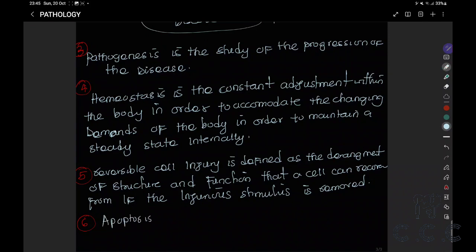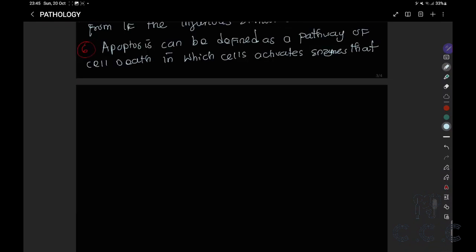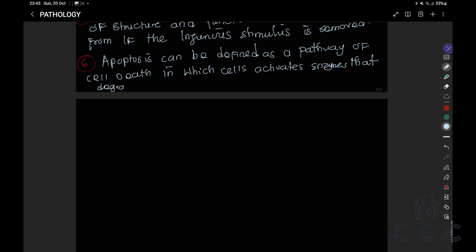Apoptosis can be defined as a pathway of cell death in which cells activate enzymes that degrade the cell's own DNA and nuclear and cytoplasmic proteins.